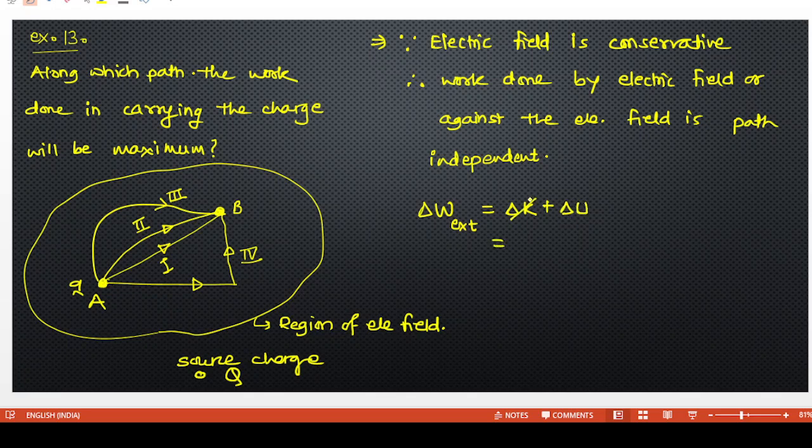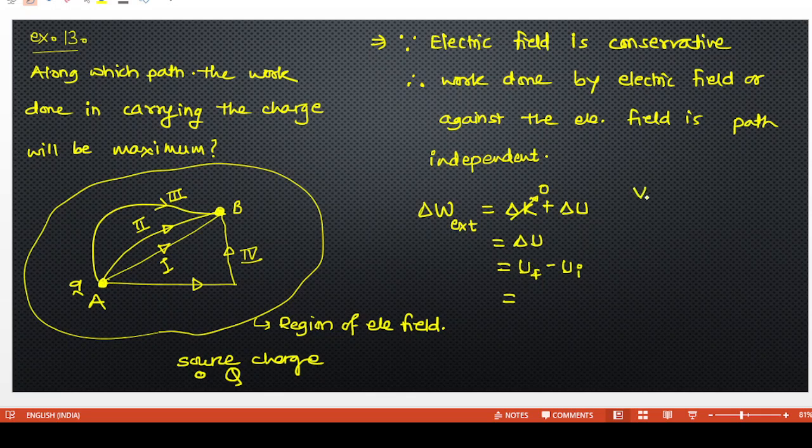Now let us say you are moving the charge without acceleration, then work done is simply going to be the change in potential energy, and the change in potential energy is equal to the final potential energy of the charge minus the initial potential energy of the charge.